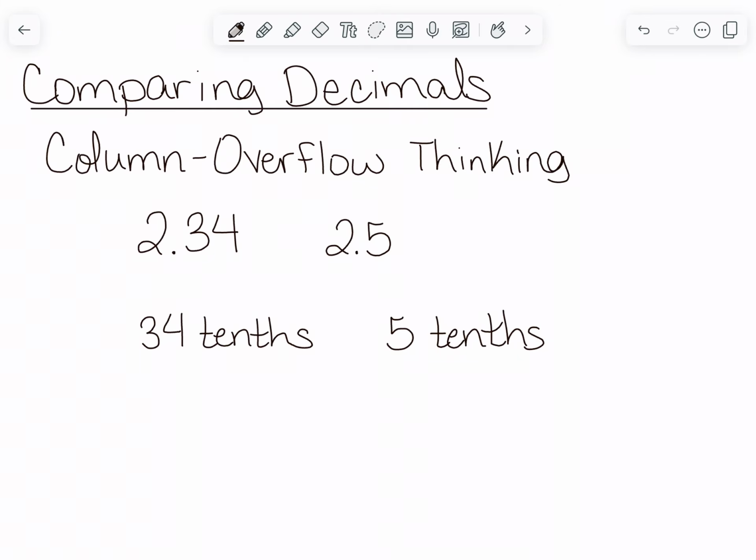Because of this thinking, they are comparing 34 tenths to 5 tenths, and they can say that 34 tenths is greater than 5 tenths. So they would say that 2 and 34 tenths is greater than 2 and 5 tenths. But this is incorrect. This is actually 2 and 34 hundredths, not 2 and 34 tenths.